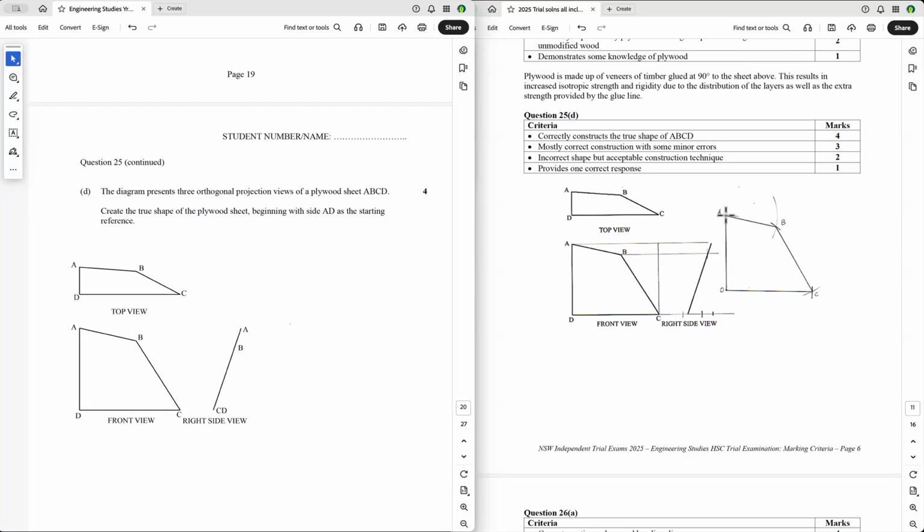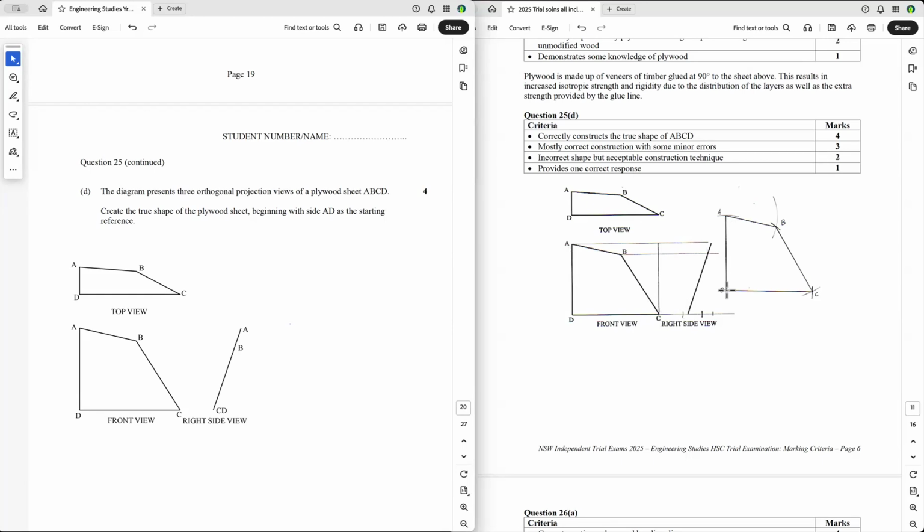Now I want to get the true length of AD, so I put my compass on there, and that's the base length of the triangle. And then you mark it down here, and you see how high A is above D, and so that there will be the true length of AD.